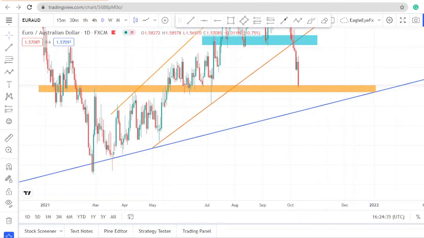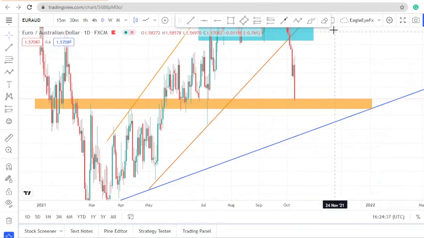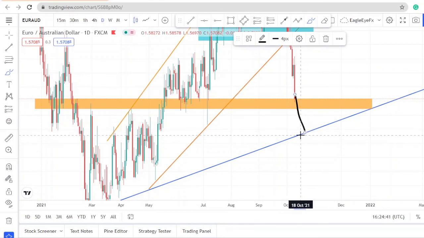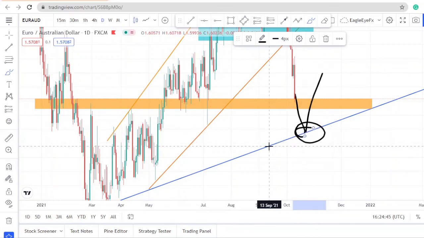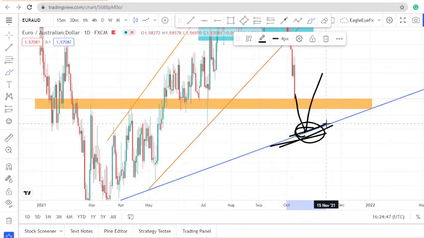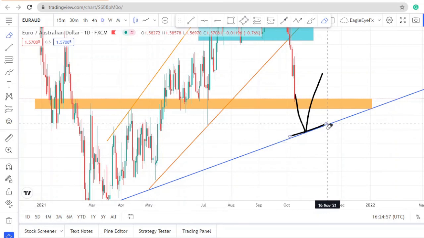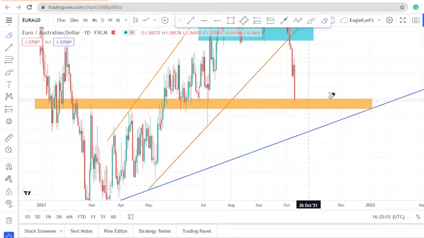If Euro AUD is able to break this zone over here, then perhaps it's going to turn from here, because this particular supporting trend line is a monthly support. So it's a very strong supporting level, because it's from the monthly time frame. So I'm just going to be observing it and see if it's going to break.